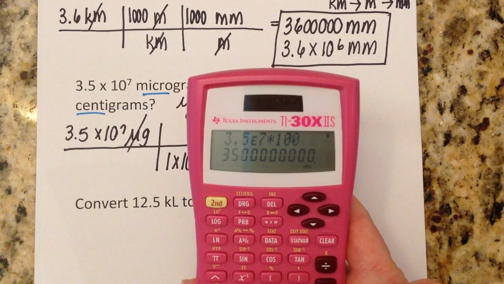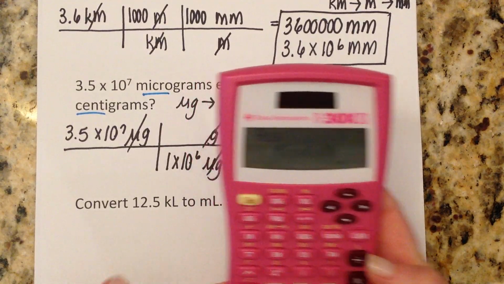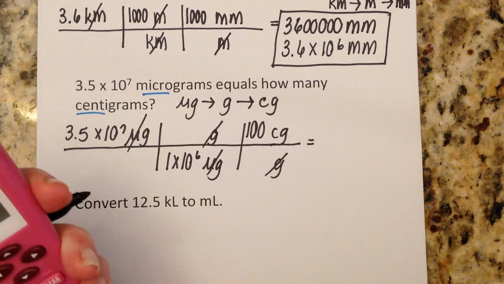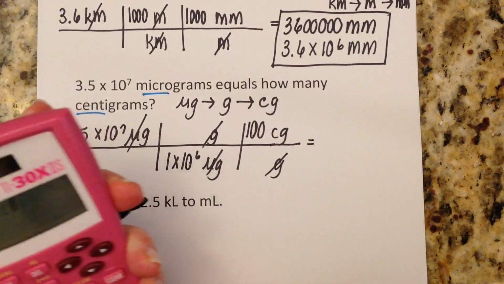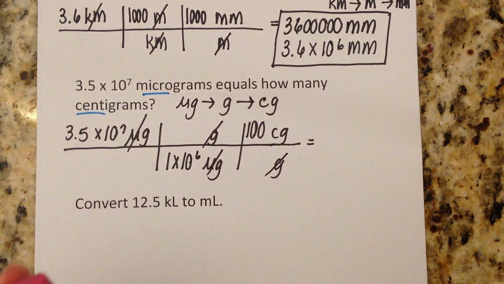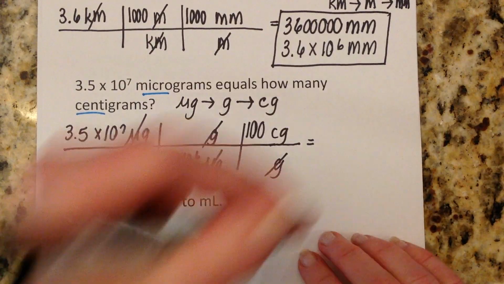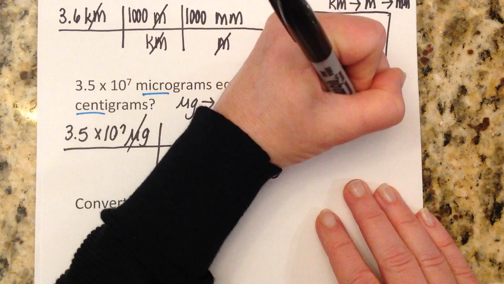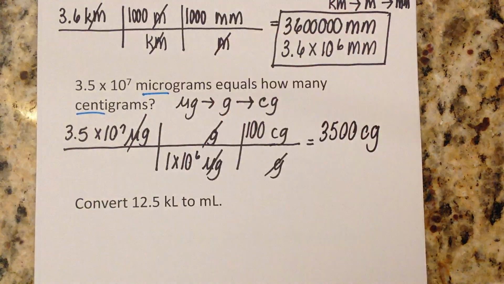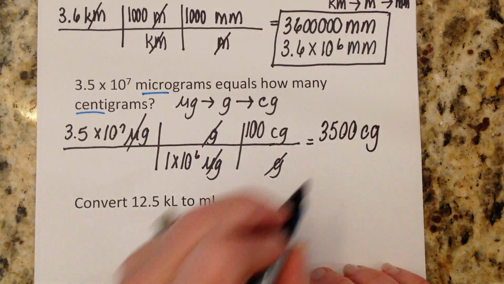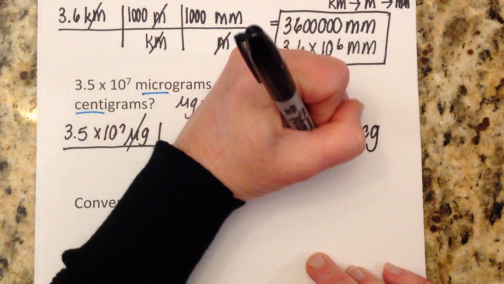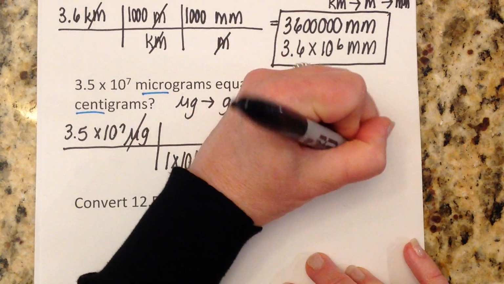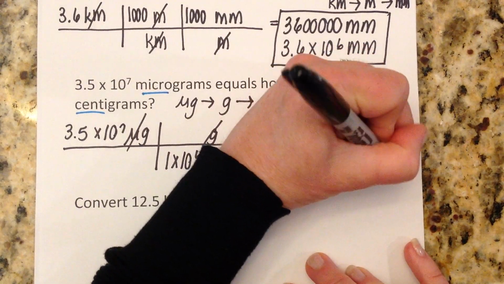Make sure you hit equals and then divide by that one number on the bottom. This is for people who aren't writing down the top and bottom. You can do it either way. And I'm going to get 3,500 centigrams. I can put that in scientific notation by moving that decimal, so I could also write it as 3.5 times 10 to the 3rd centigrams.